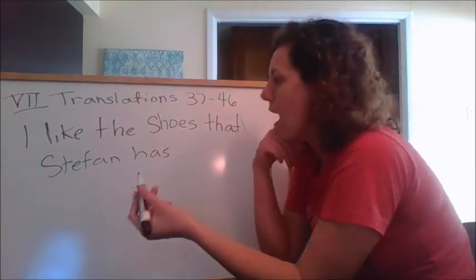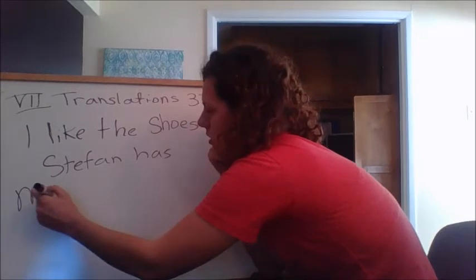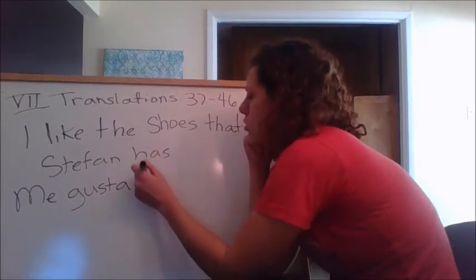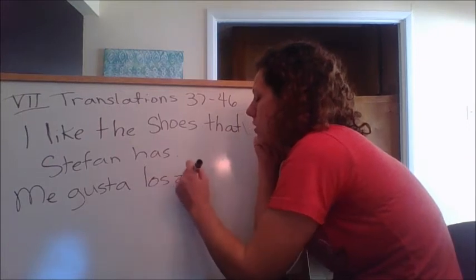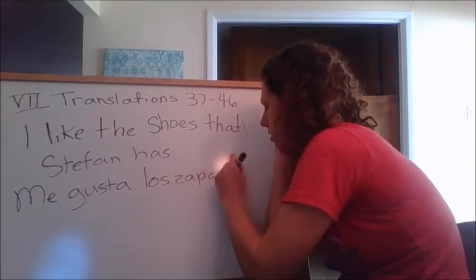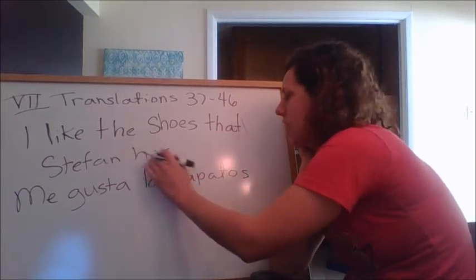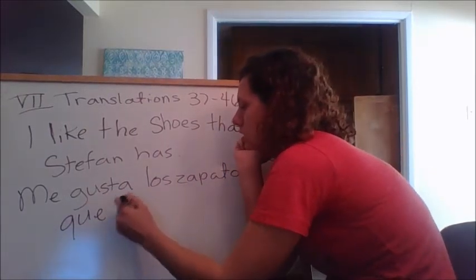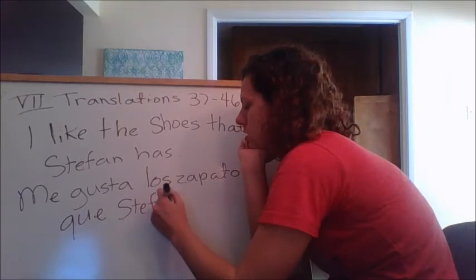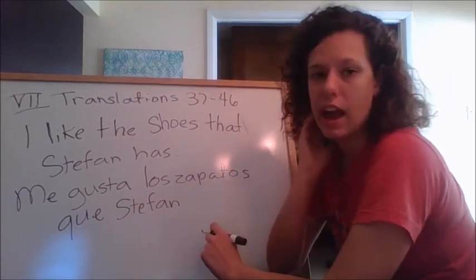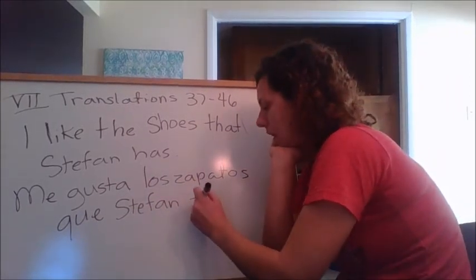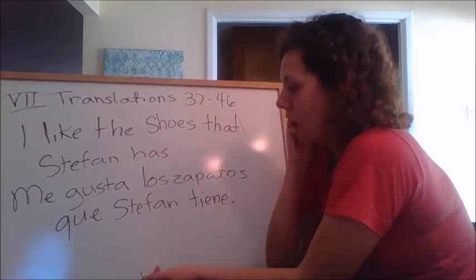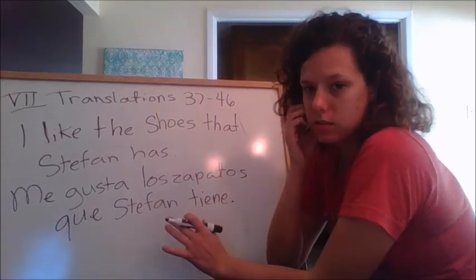All right. So I like would be me gusta the shoes, los zapatos that Stephen has. Que Stefan has. How do you say has? Tener is tiene. All right, now what's wrong with this?